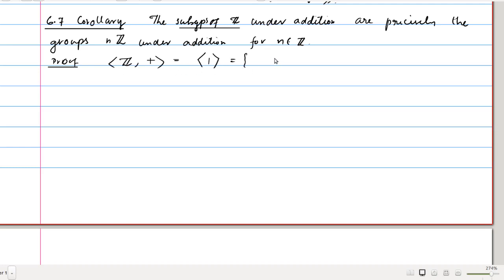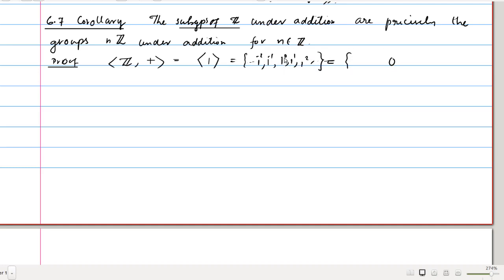Okay, this consists of 1 raised to 0, 1 raised to 1, 1 raised to 2, etc., 1 raised to minus 1, 1 raised to minus 2, etc. So 1 raised to 0 is the identity element of Z. So please note this, 1 raised to 0 is not equal to 1.